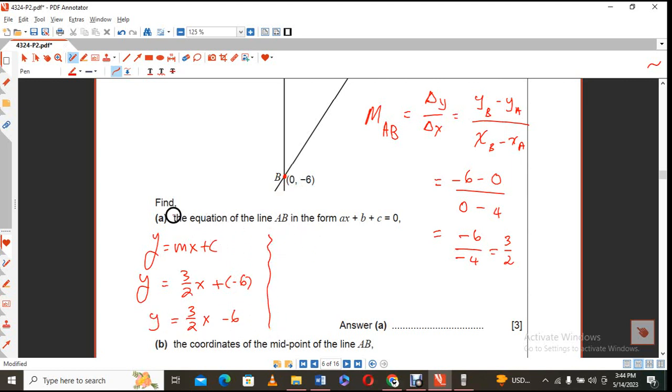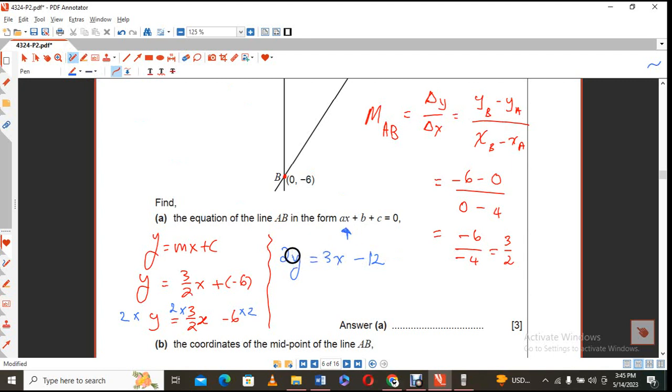So what we are going to do is multiply every term here by 2, this by 2, and that by 2. That is to clear the fraction. So it's 2y equals 3x minus 12 now, because 6 times 2 is 12. And we have to write it in that form.